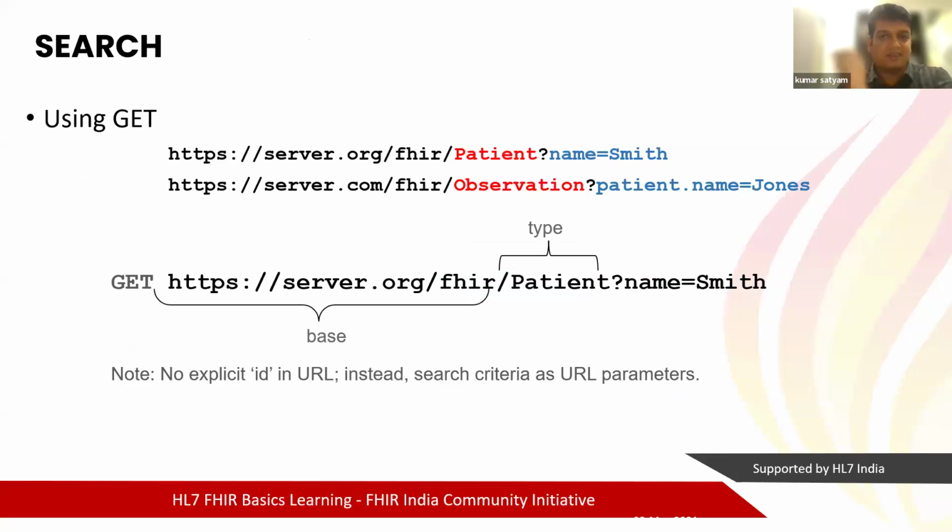Search is what you do for a typical RESTful search. For example, you want to search for a patient whose name is Smith. This will be the example: question mark name equals Smith. Now, if you want to do a complex search, for example, you want to search an observation for a patient whose name is John, you can do it this way.